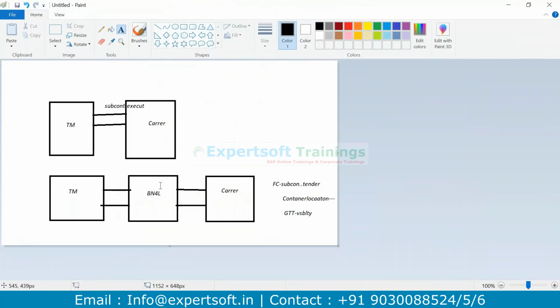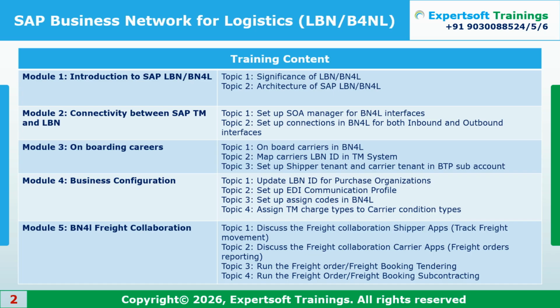And what kind of configuration we need to do for supporting BN4L. Then the next topic is freight collaboration. Once you implement freight collaboration, how the transactions will flow, how freight orders, tendering, and subcontracting will happen.